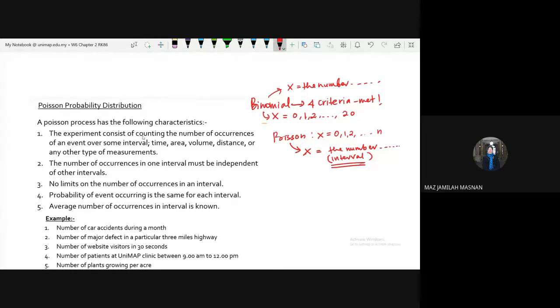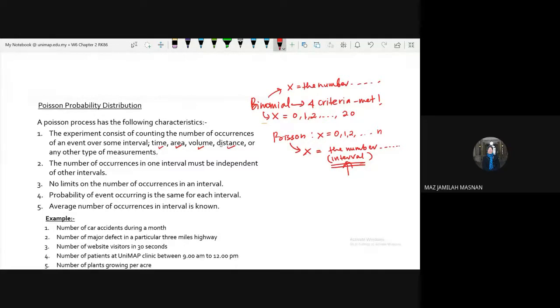The experiment consists of counting the number of occurrences of an event over some interval. What kind of interval? It could be time, area, volume, distance and other types of measurement. In binomial, we just say the number of something, then finish. But for poisson, it's the number of something in 10 minutes, for example, in 12 kilometers, or in 1 meter. That is the interval I mentioned just now.